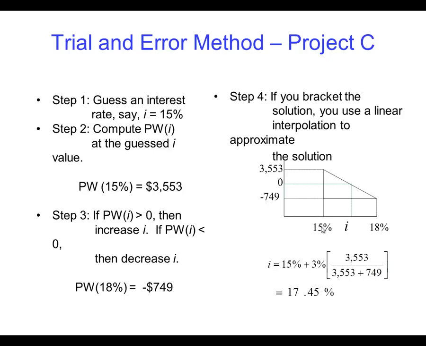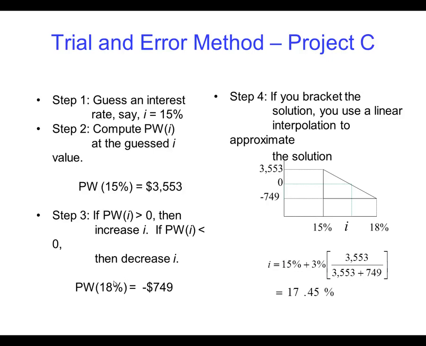Actually, with the trial and error and finding the positive and negative, we can define a range and then start narrowing and suggesting something in between until we get the proper rate. In this case, with 15%, we found that the value is positive and it's 3,553. That's the net present worth, and it should be 0. We are looking for a 0.